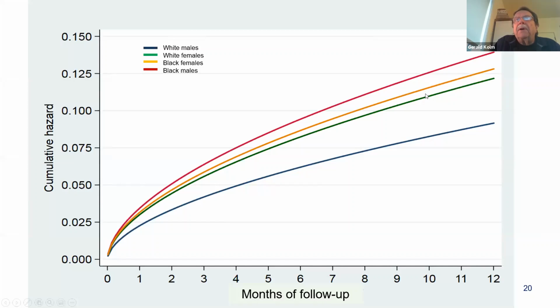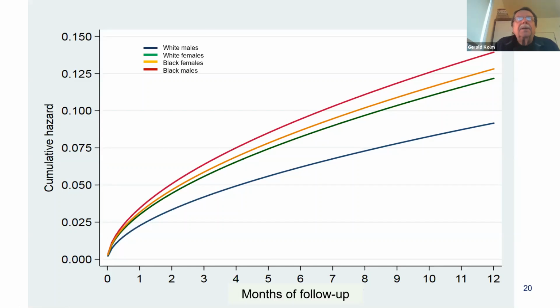Females are fairly similar here. In plotting it this way, we can see the interaction between sex and race. The cumulative hazard for white males is quite different from the other groups, and that's why we're getting our interaction.